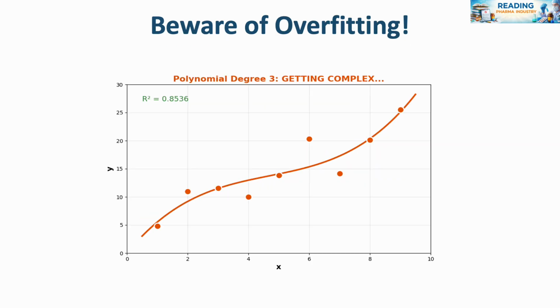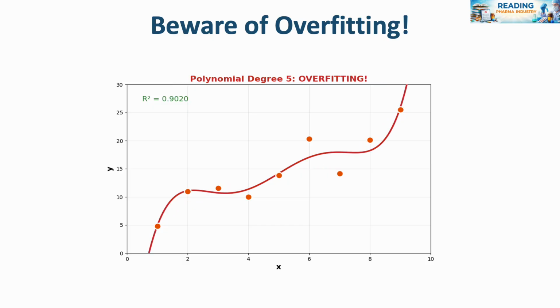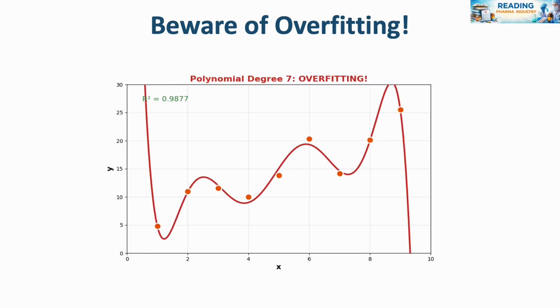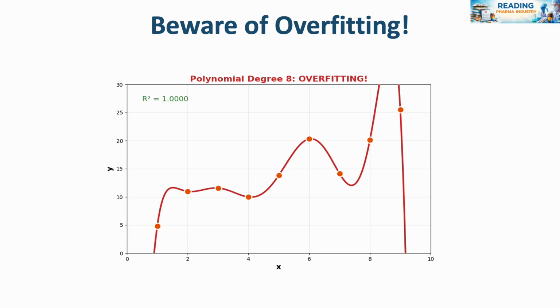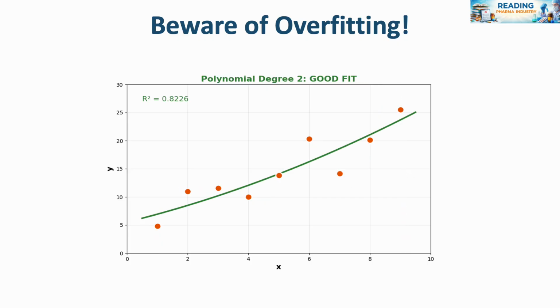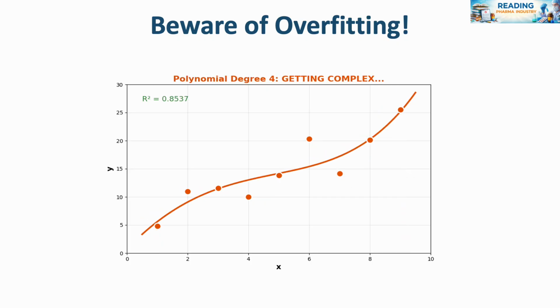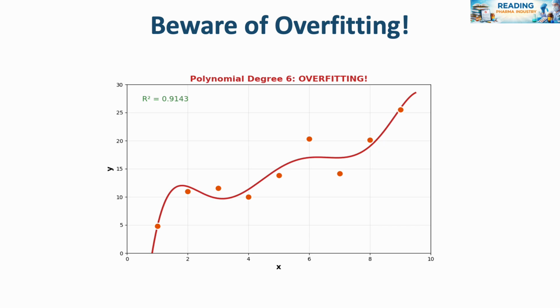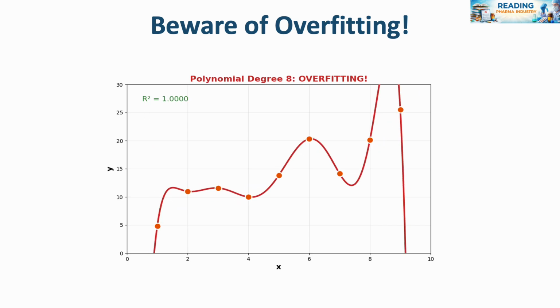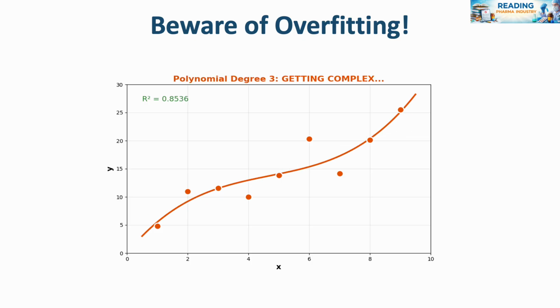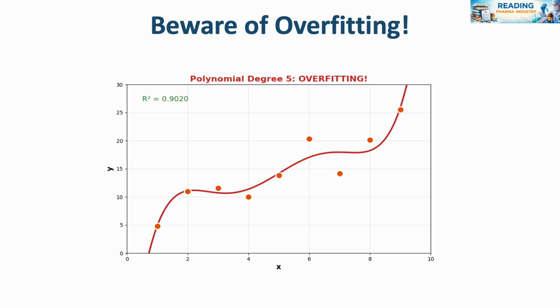Overfitting is when your model fits the noise, not just the signal that you have, which are genuine from your data. And this often happens when you use too many parameters. So for example, if your high degree polynomial can pass through every single point perfectly, and in this case R squared equals 1.